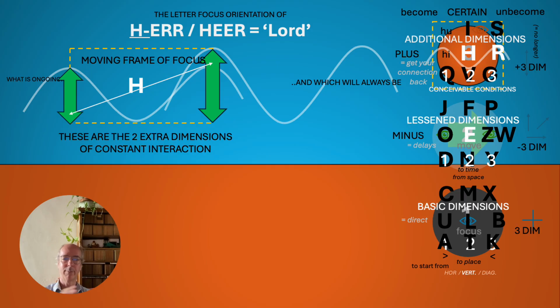This moving frame of focus, just like the bird, you follow up the focus here. It's in this two-dimensional frame where you can follow the time frame, and you can follow the spatial frame in which these movements fit, where you can follow up the constant interactions.